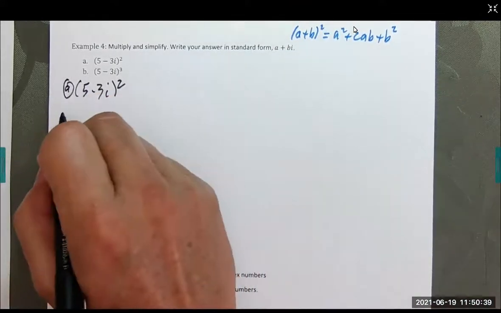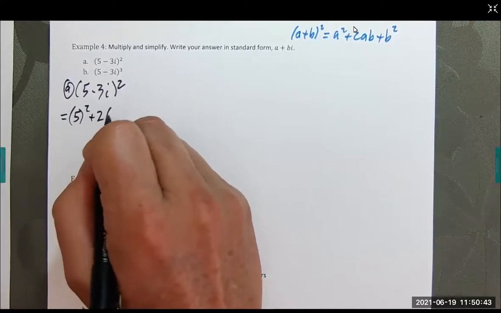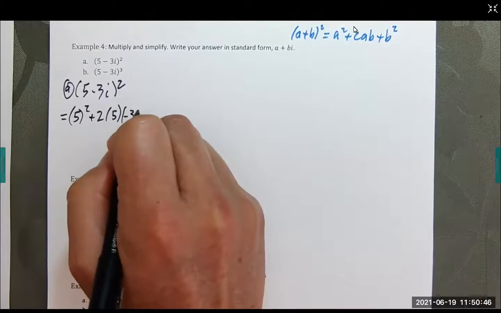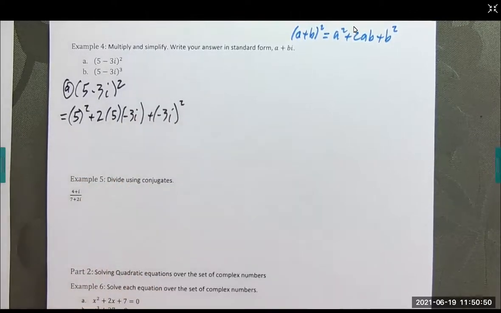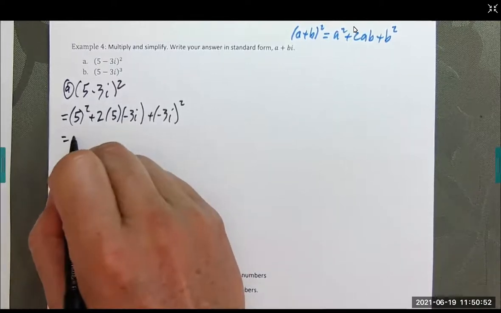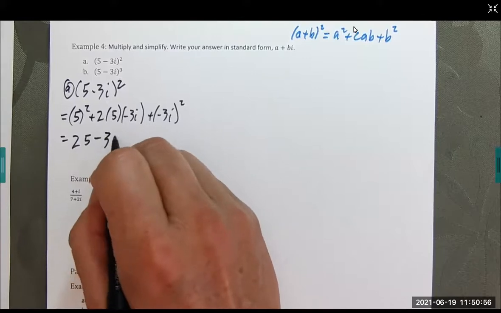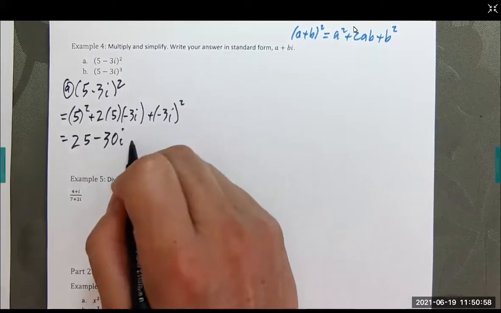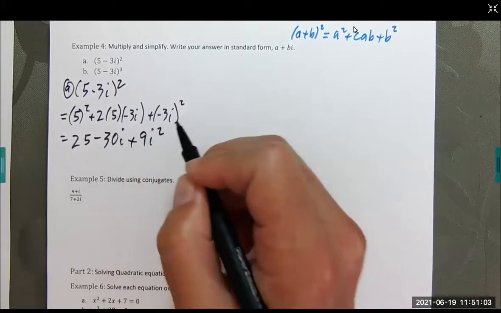So here we go. This becomes plus, because I'm squaring a negative, 9i squared.